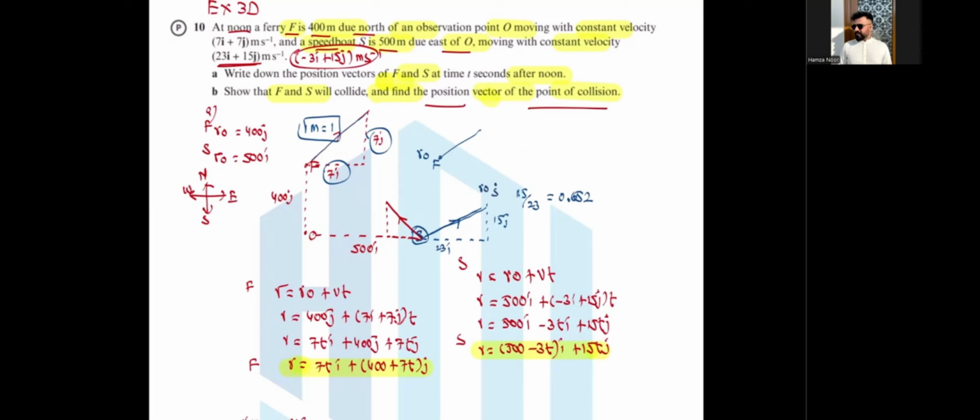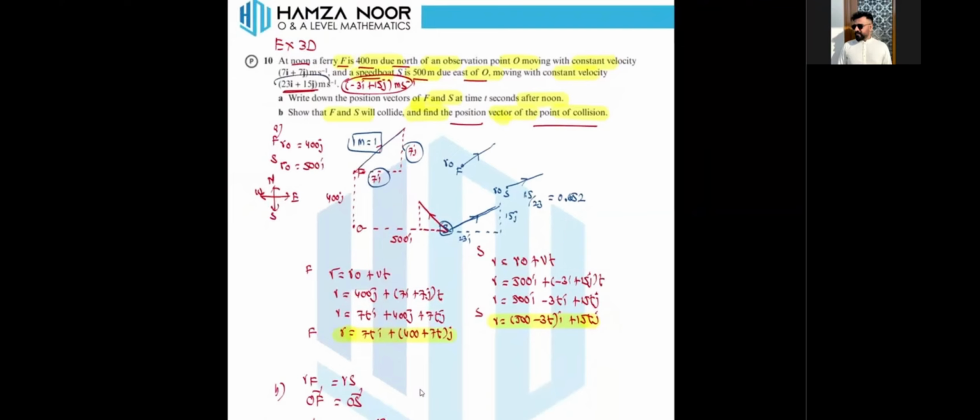So the line for the speedboat would be flatter. If we used that 23i plus 15j vector for the speedboat, you would have seen that the ferry and the speedboat would never be able to meet each other. Due to this reason, 23i plus 15j as the constant velocity vector for the speedboat is incorrect.